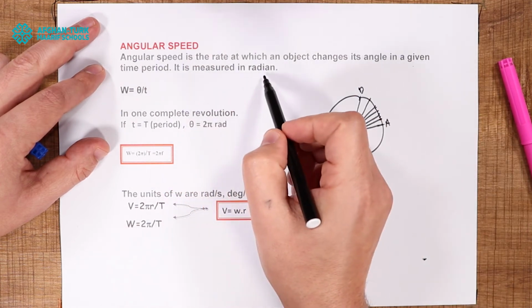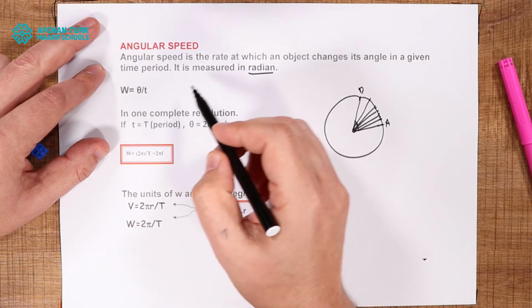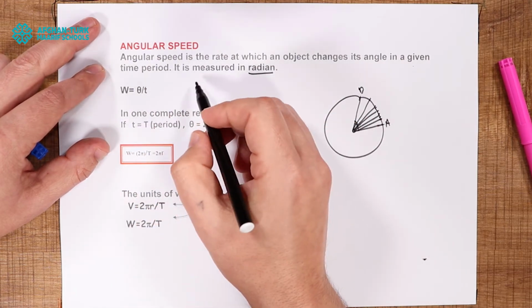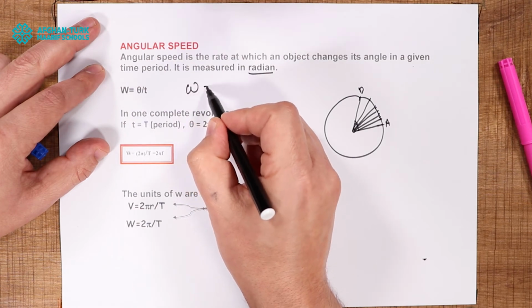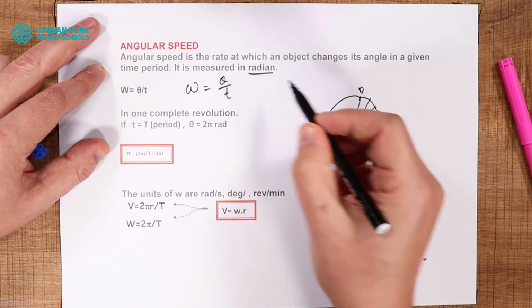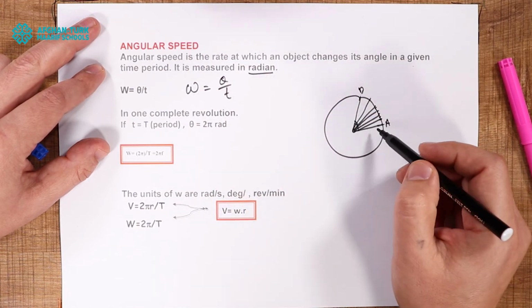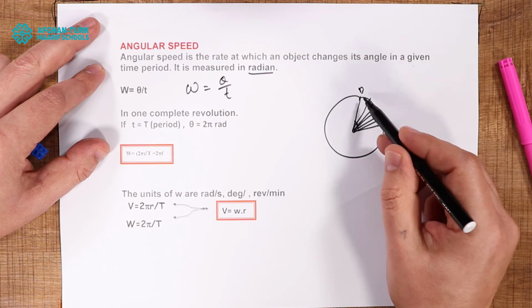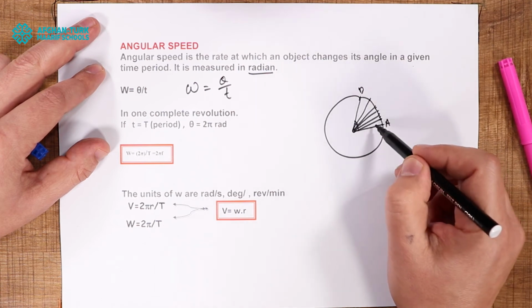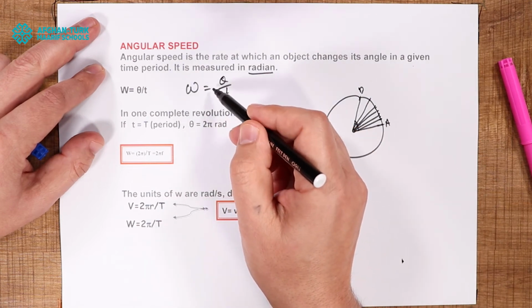It is measured in radians, and remember, the symbol is not W, we write omega. Omega is equal to theta over time. Theta means the angle, and time is how much time is taken by the object to move on the circular path and change this angle. So this is called angular speed.